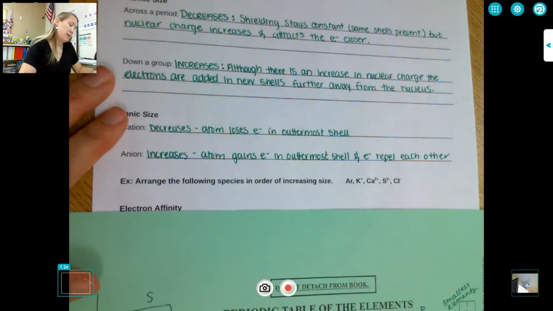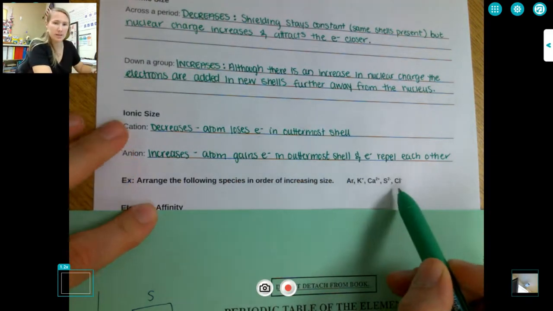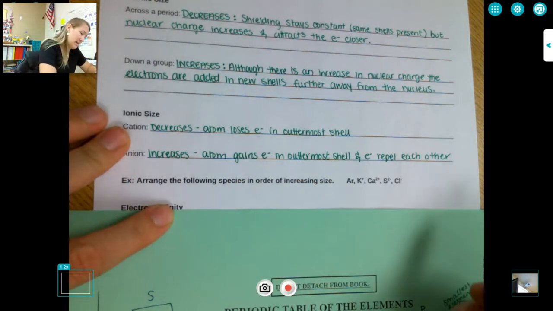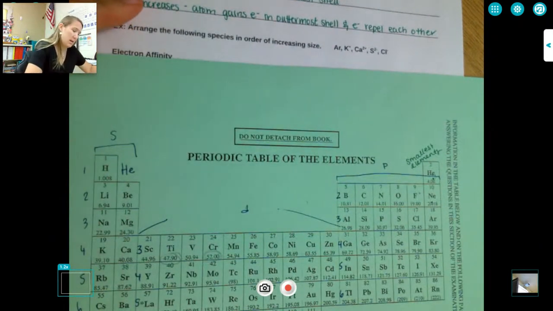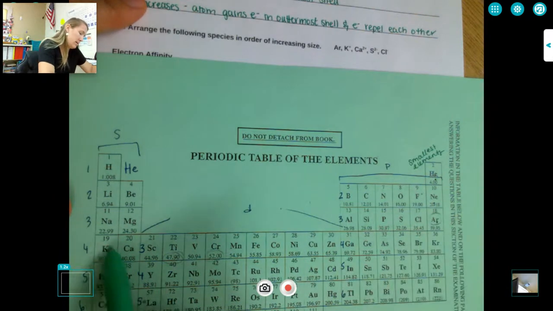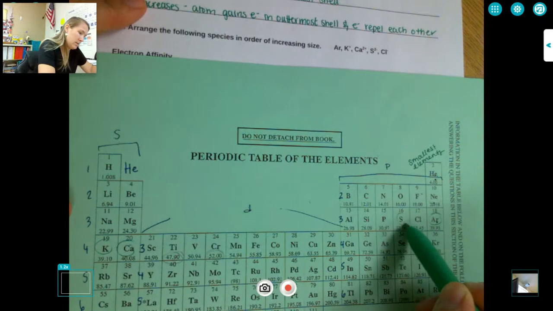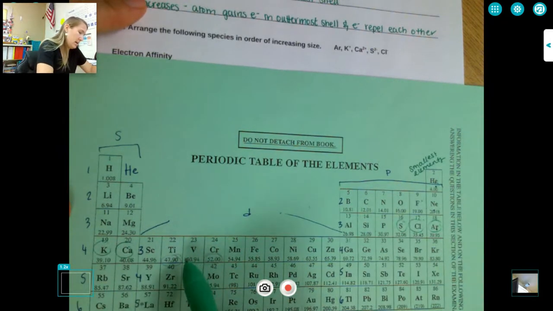So if I wanted to arrange the following species, that's just a term for, we have atoms and ions here, in increasing size. Well, if I look at where they are on the periodic table, I have argon, potassium, calcium, sulfur, and chlorine. And these are ions as well.